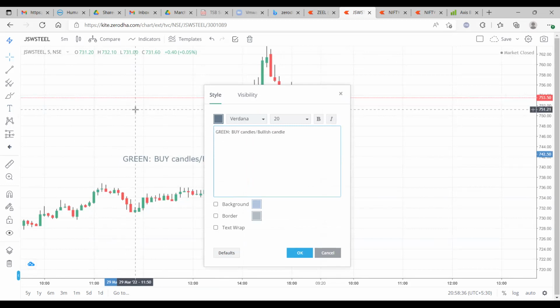Red candles represent sell candles or bearish. Bullish, bearish, you understand, isn't it? Bullish is when the price is going up. Bearish is when the price is coming down.